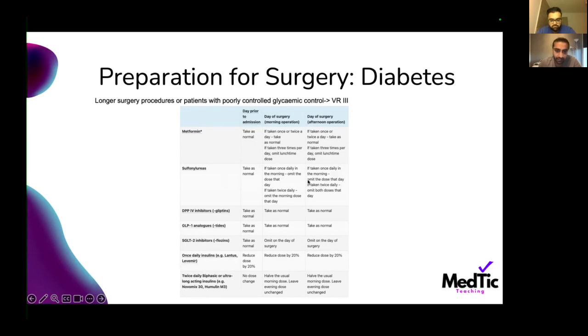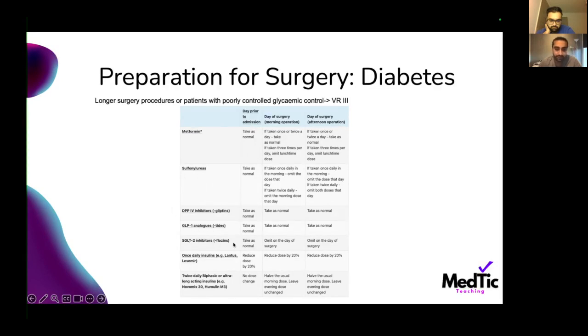For sulfonylureas, similar to metformin, but you omit your morning dose, and the same the day after. Your gliptins stay the same. GLP-1 analogs stay the same.